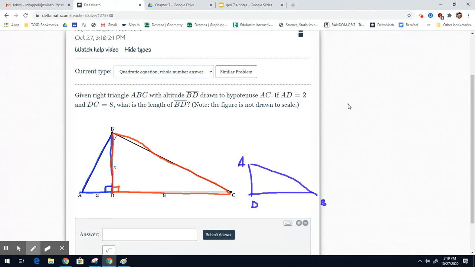So in these two triangles, let's name the small one ABD. Triangle ABD will be similar to triangle BCD. So again, just kind of rotate that small triangle to the right.